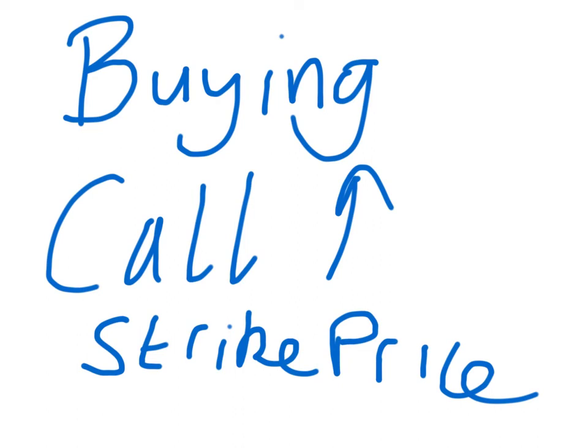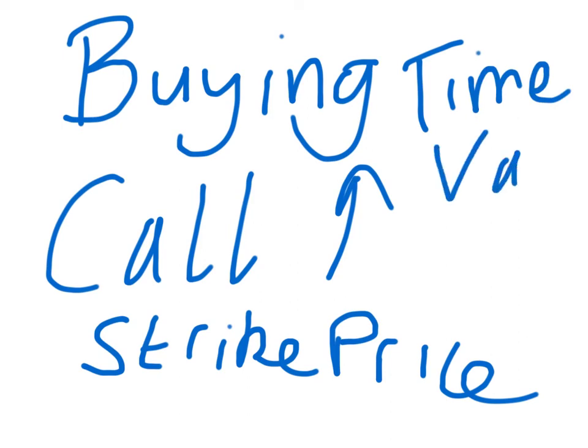And the other thing is the time value. Are you buying an option which expires tomorrow, in which case the time value is almost negligible? Or are you buying an option that expires in a year's time? And there are long options that you can get, particularly in the US market. They're called LEAPS.